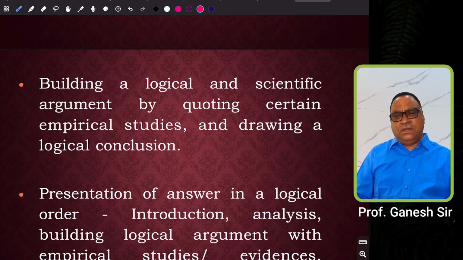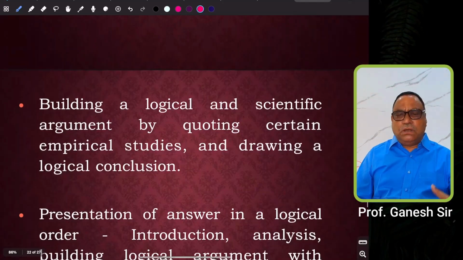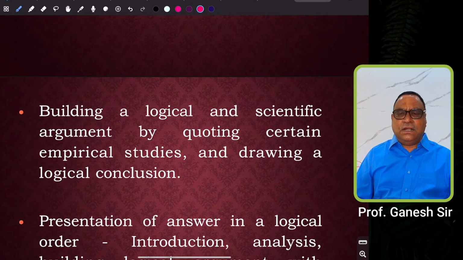Similarly, if the question is related to the importance of the study of Indian villages, many Indian and European scholars have studied Indian villages, and a student is supposed to mention the empirical studies conducted by S.C. Dubey, M.N. Srinivas, Andre Beteille, then A.R. Desai, G.S. Ghurye.